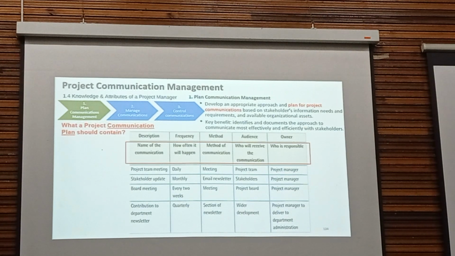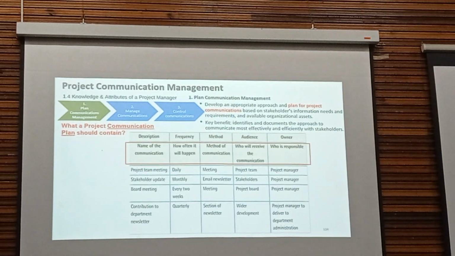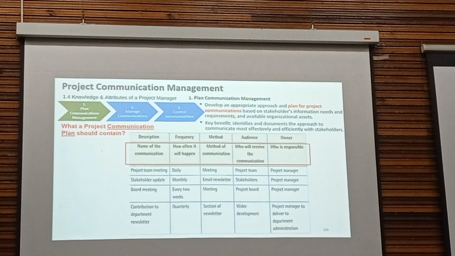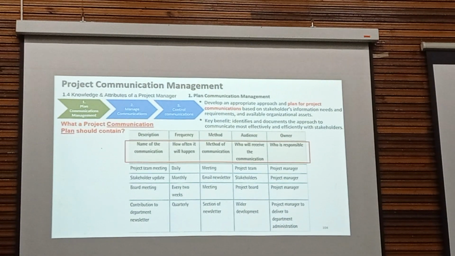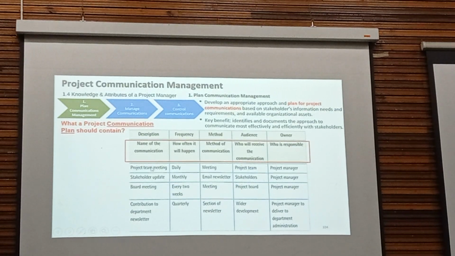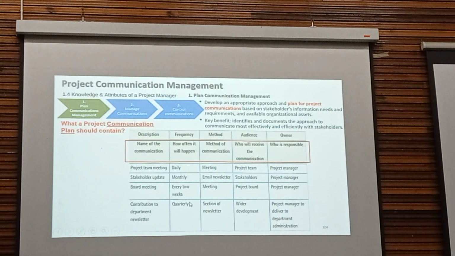The method of communication is the method you may want to use to collect project information, or to pass project information to stakeholders. It should also say who will receive the communication and who is responsible. So this is what a project communication plan should contain.